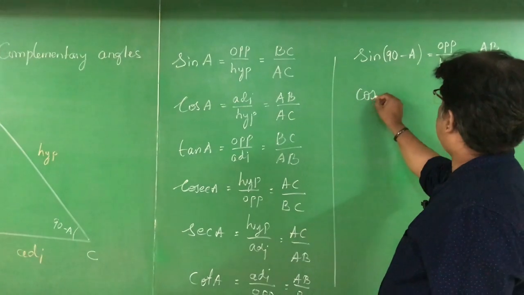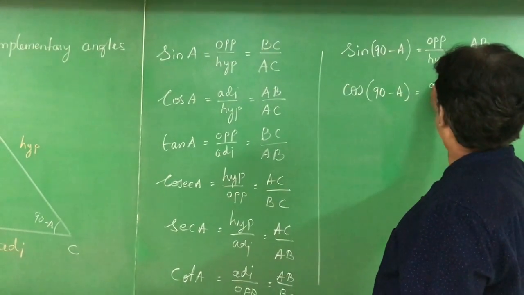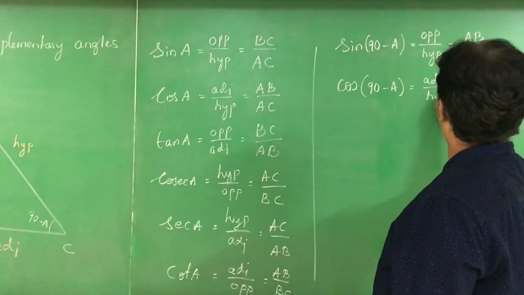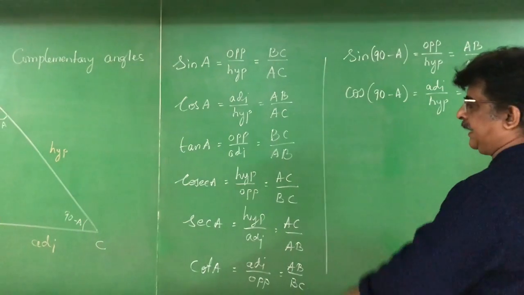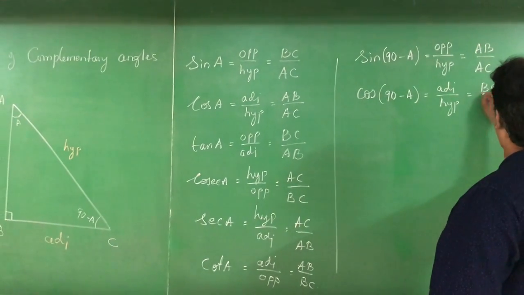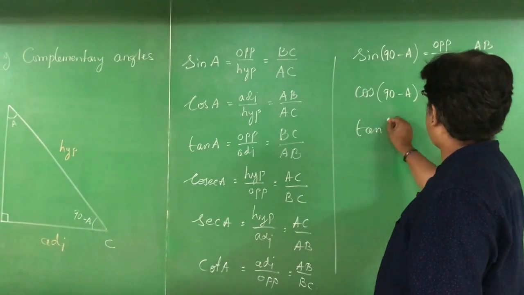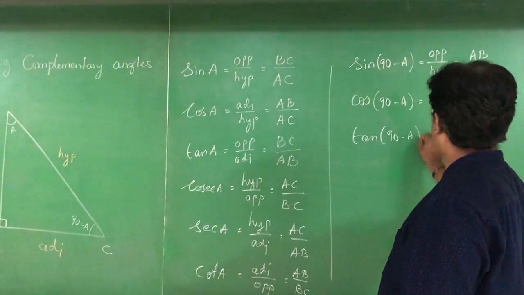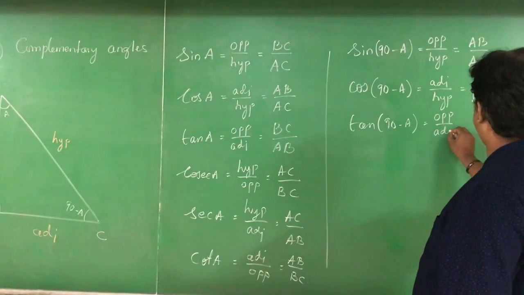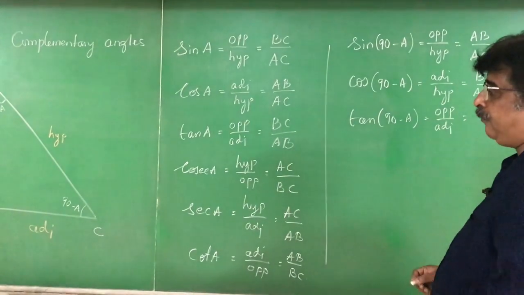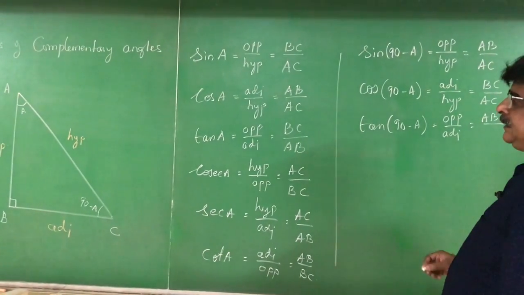I write cos 90 minus A, that is adjacent by hypotenuse. Which is the adjacent side for 90 minus A? BC. Hypotenuse is AC. Now I write tan 90 minus A. Tan theta is equal to opposite by adjacent. Opposite side for 90 minus A is AB and adjacent side is BC.